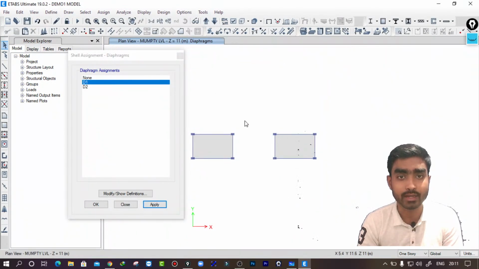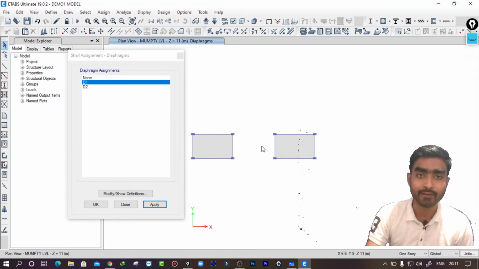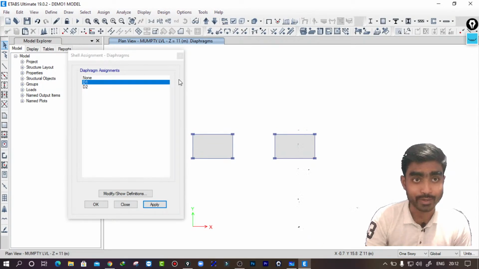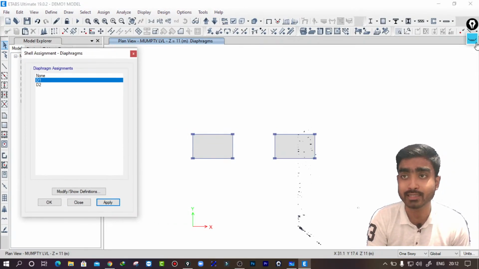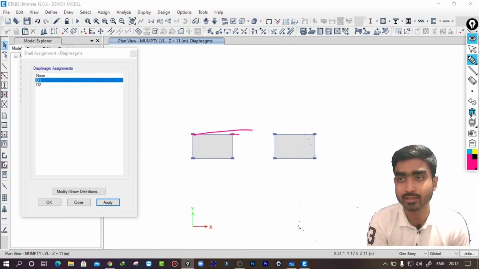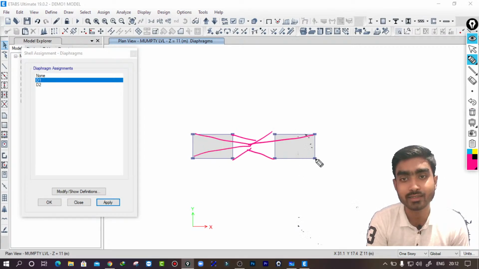Now if you go to this level, we have two different floors, right? Now in that case, if you assign a single diaphragm, what will happen? It will combine all these points like this at this particular point.